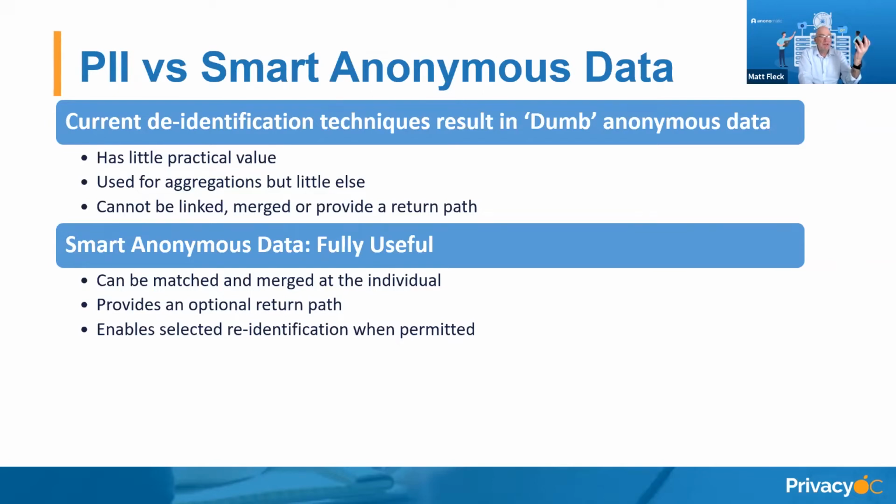Now, not everybody is going to want or be legally permitted to do a re-identification. But in those cases where you can and you do want to, you can re-identify to the level that you want. For example, if you're taking all this data to do a marketing effort and you bring all this smart anonymous data from any number of different systems, and you can match it and merge it and slice and dice it and come up with the perfect marketing offer for each individual, you don't need the personal information to do any of that.